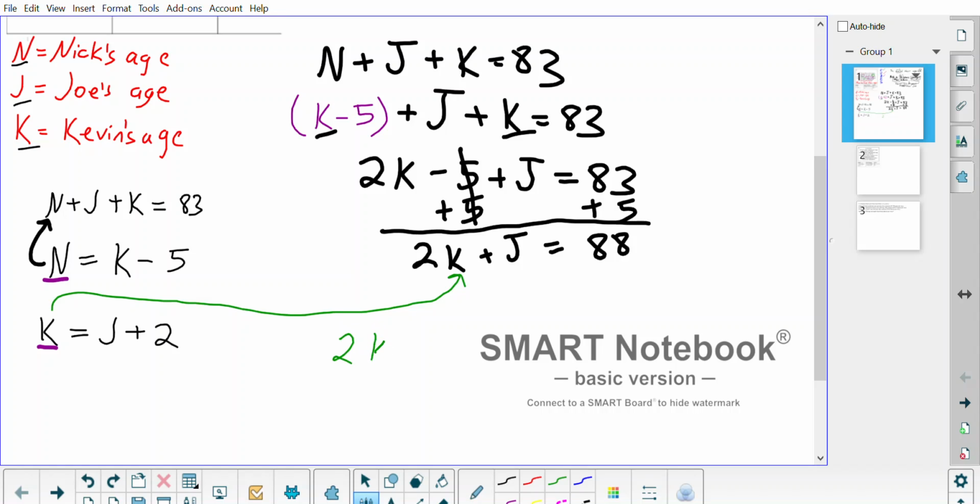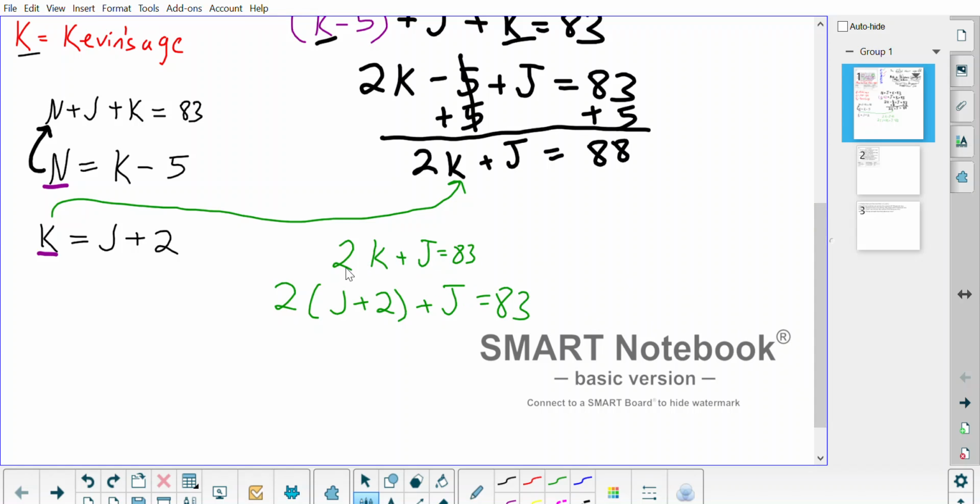You can write 2 times J plus 2, plus J is equal to 88. Now what's great about this is that everything is in terms of J. Notice how J is the only variable here.